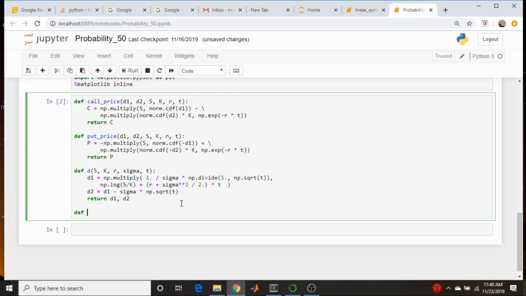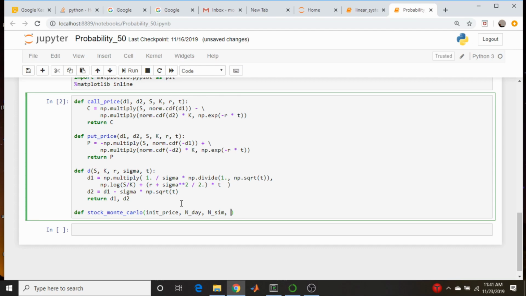I'm going to define a function called stock Monte Carlo. And that's going to take a whole bunch of arguments. It's going to take the initial price, let's call that init price. The number of days, let's call that n days. That's the number of days that we're simulating per run. And we're going to need the number of simulations, so that's going to be n sim.